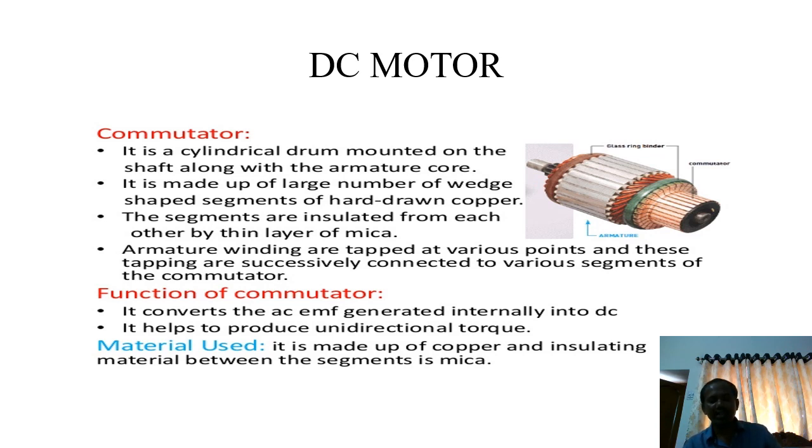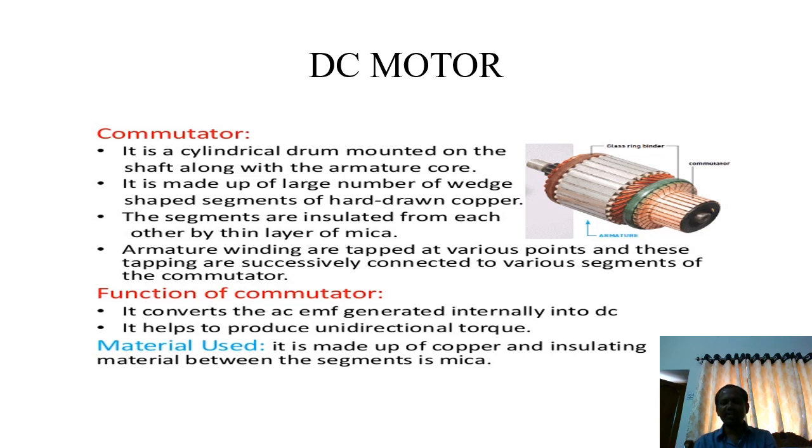Here you can see that the shape of the commutator is a cylindrical drum mounted on the shaft along with the armature core. It is made up of a large number of wedge-shaped segments of hard-drawn copper.